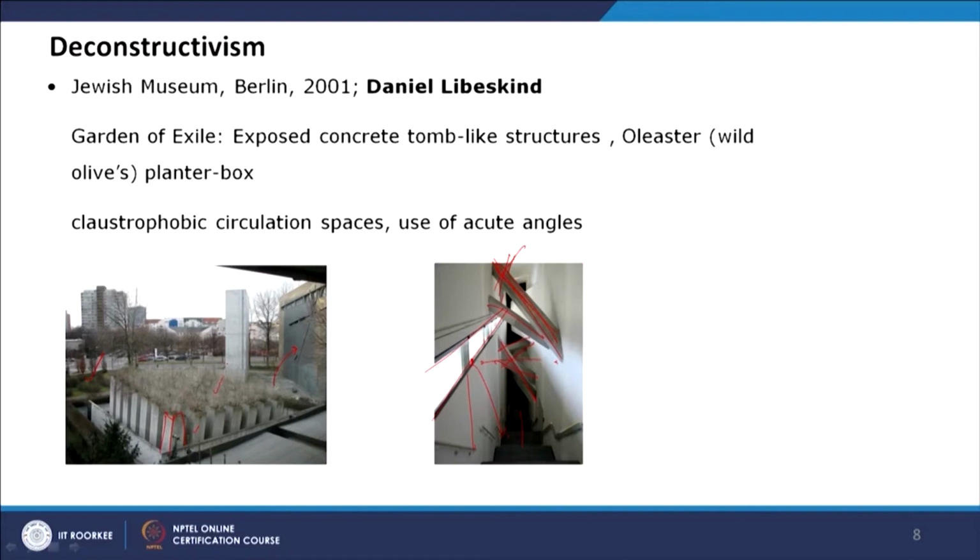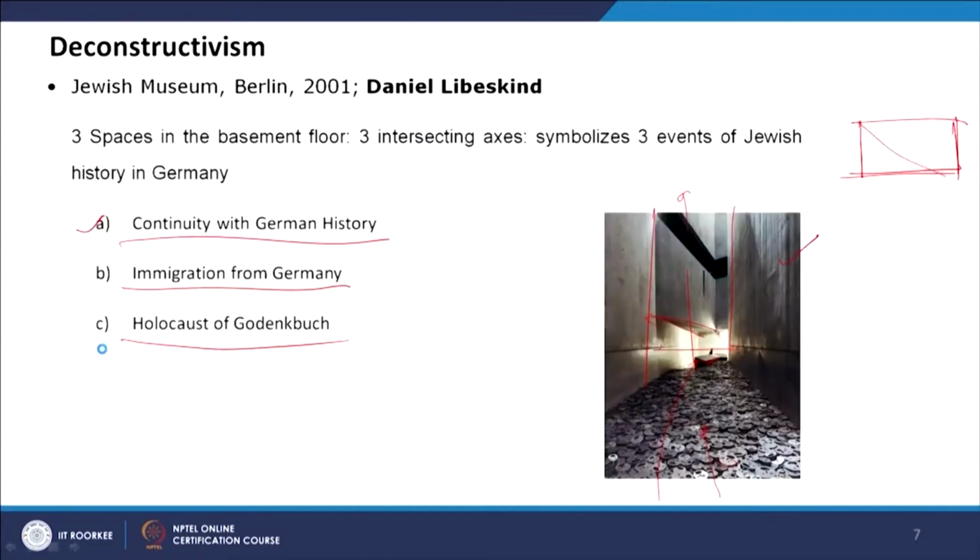The olive trees are a grayish sap green, which also depicts the sorrow that is the theme of this museum. And if you look at these planter boxes, they look like a series of tombs, which depict the death of the Jewish people.